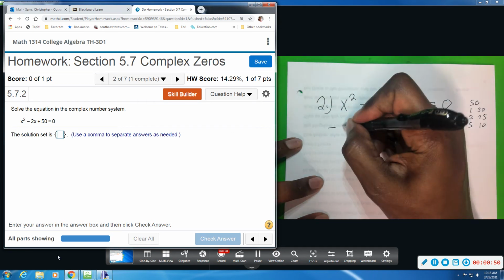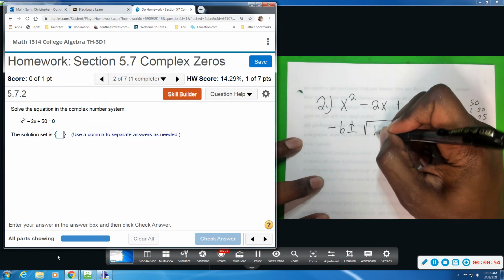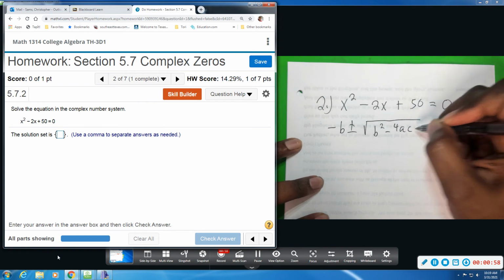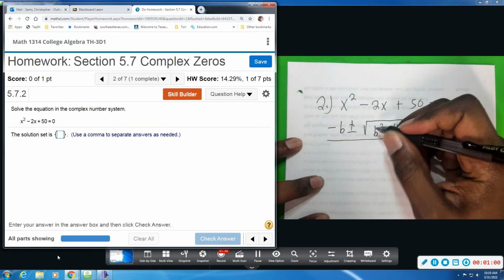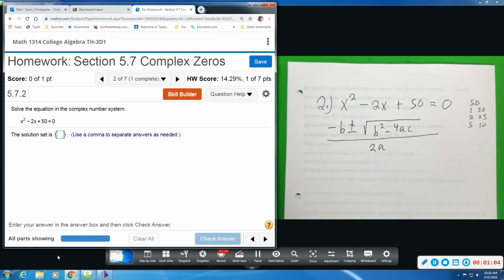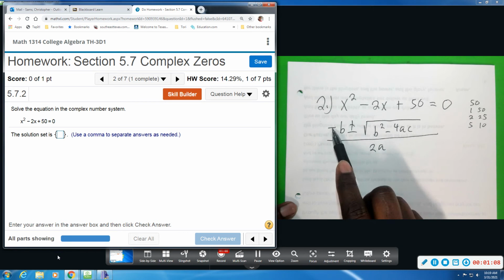That is negative b plus or minus the square root of b squared minus 4 times a times c, all divided by 2 times a. So I'm going to plug in each of their parts. So negative b, plugging in a negative to a negative becomes a positive.